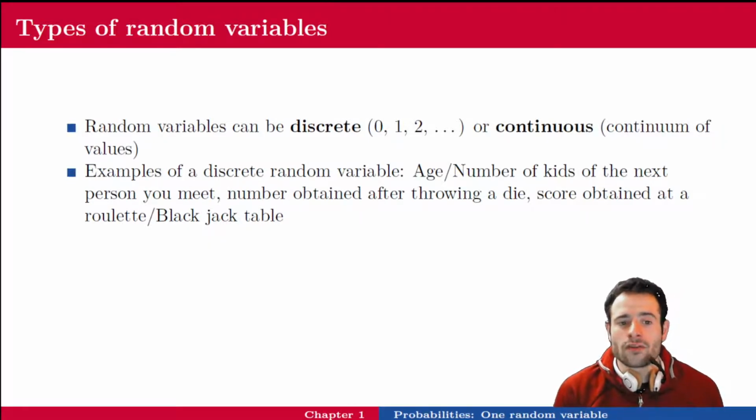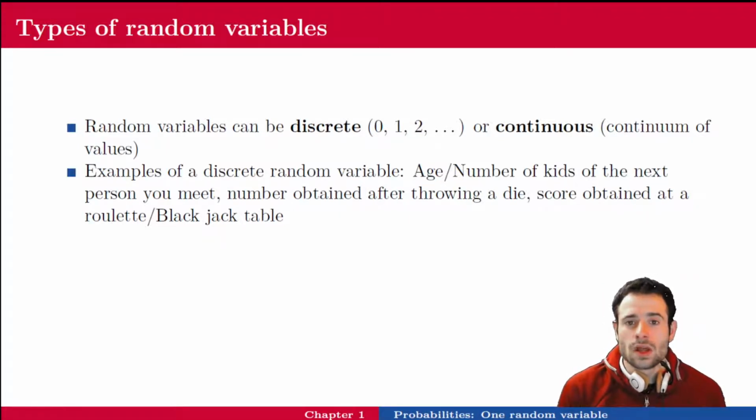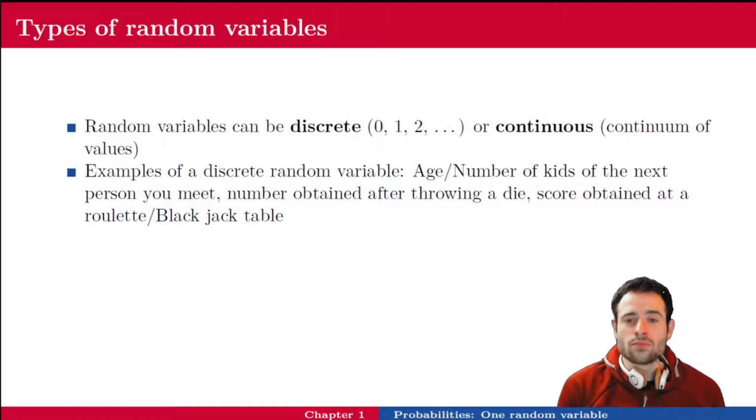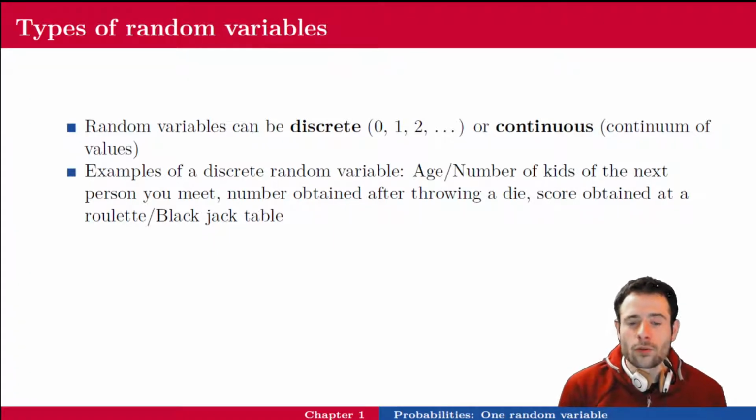Typical example of a discrete random variable, the age or the number of kids of the next person you meet. This is random. Person A could have no kids, and person B could have 3 kids. But we never count kids as 1.5. Or the number you obtain after throwing a die.